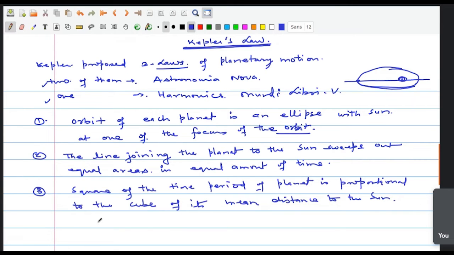And this we have already discussed, T equal to 2 pi square root of d cube by mu. So if you square it, T square is proportional to d cube.